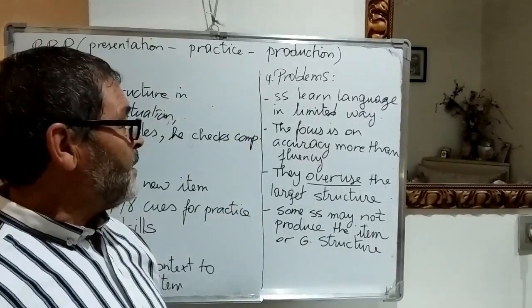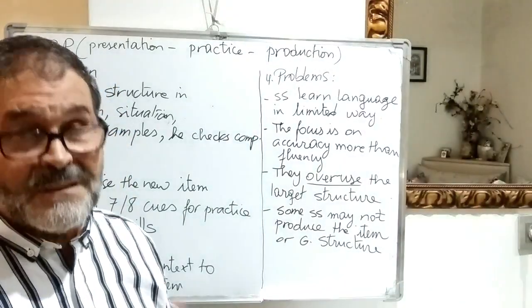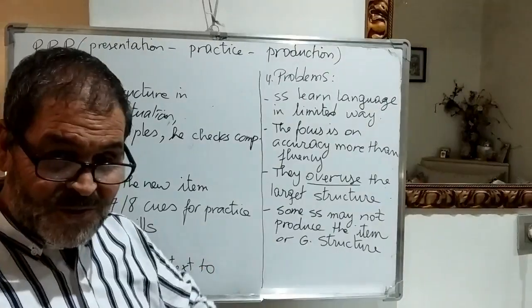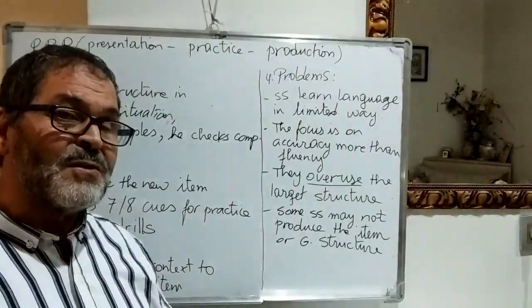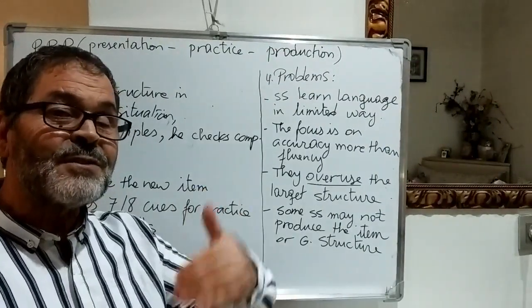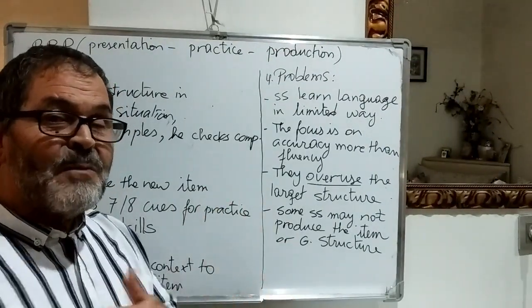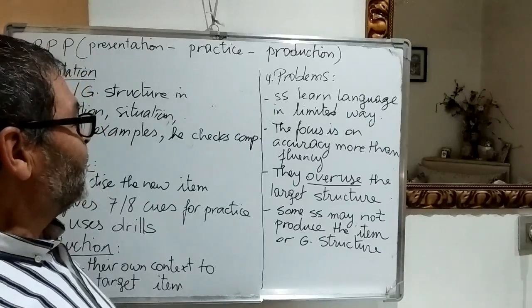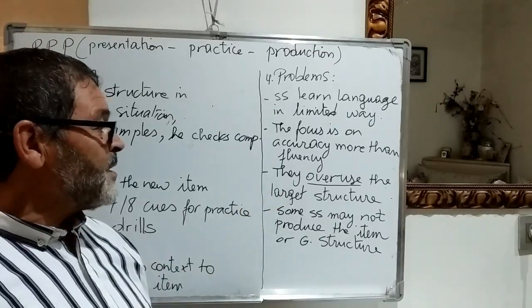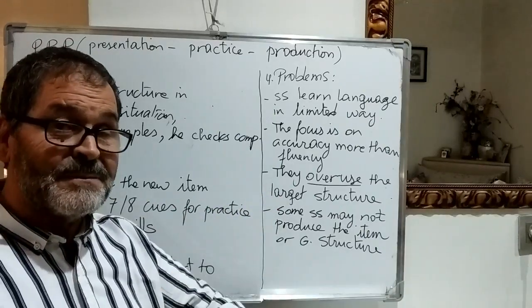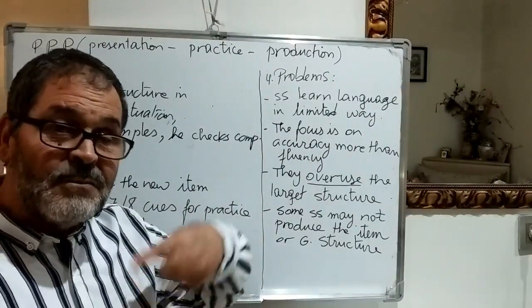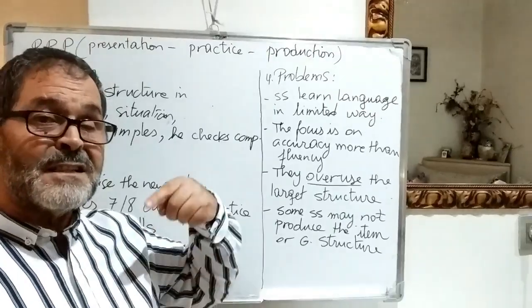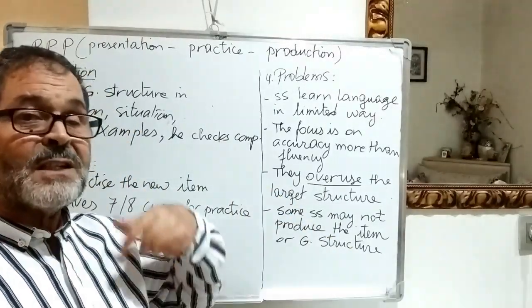Then, second one, the focus is on accuracy more than fluency. The teacher corrects the sentences and he insists, he controls students to produce correct sentences. No mistakes are allowed. Then the students overuse the item or the grammatical structure presented. They use it in exercises, when they speak, when they write.